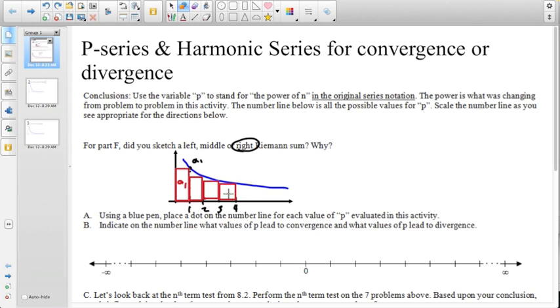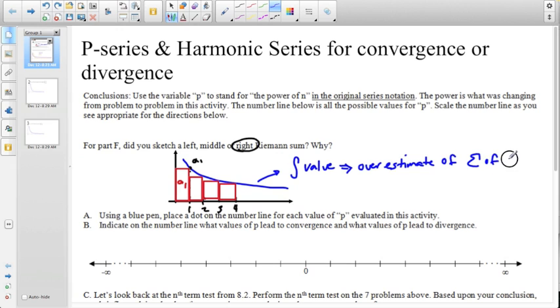And the idea is that in performing the integral test, the value of that integral is an overestimate, in a sense, of the sum of the series. So if it's finite, we know the sum is something less than it. So we know the sum is also finite. If this is infinite, then we cannot determine the sum.